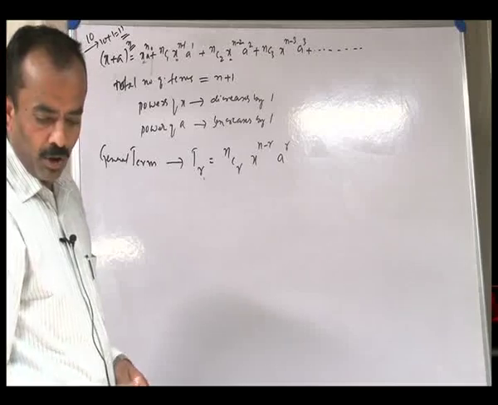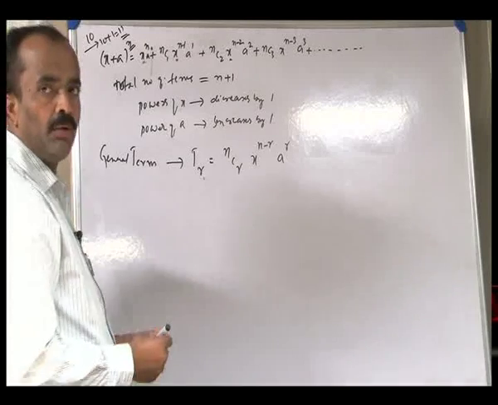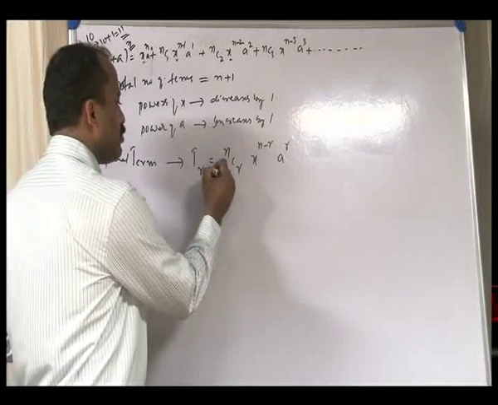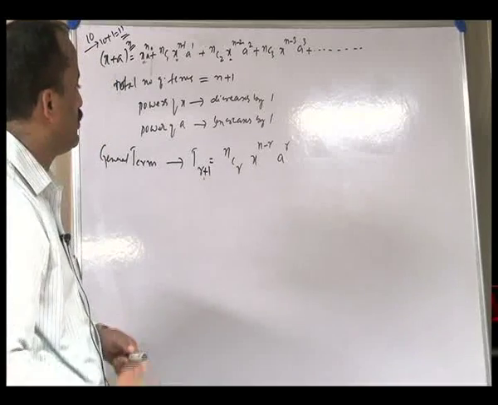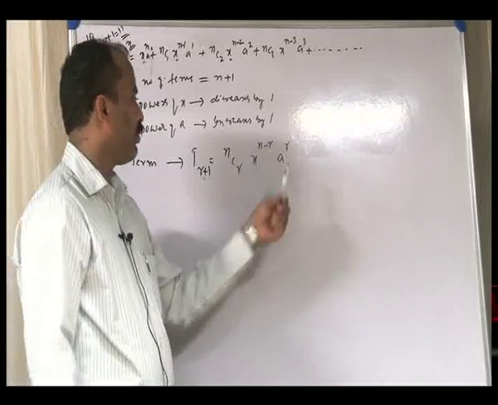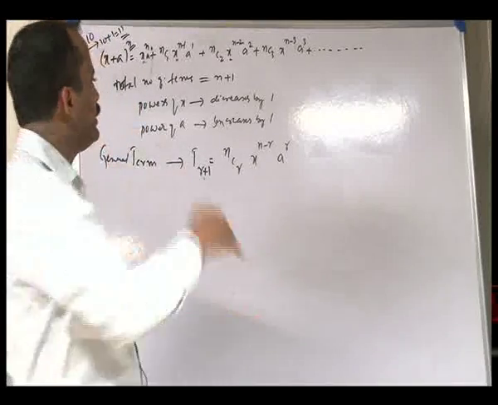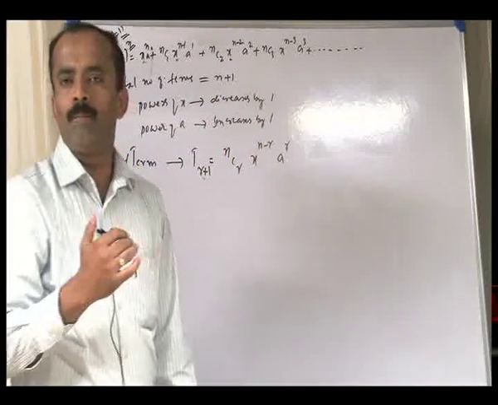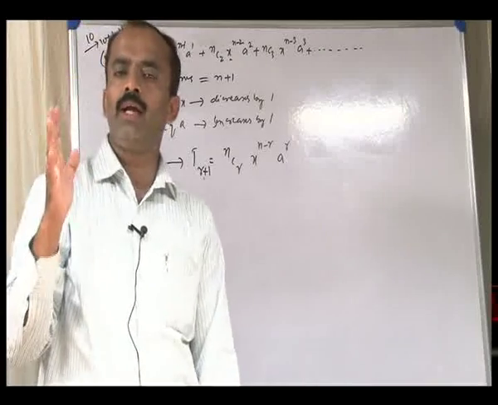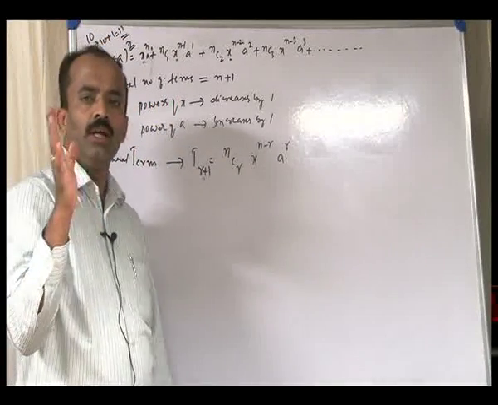It is also actually the (r+1)th term: T(r+1) = nCr x^(n-r) a^r. Using the general term, we can find any term in the expansion directly.